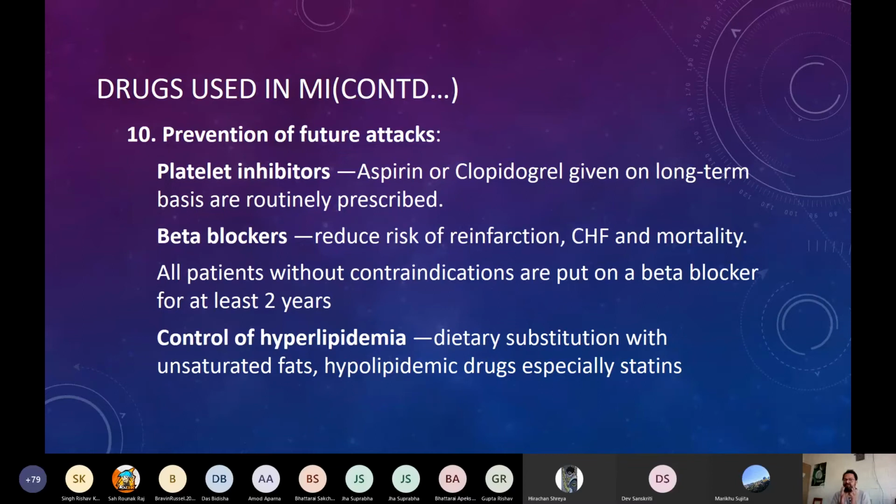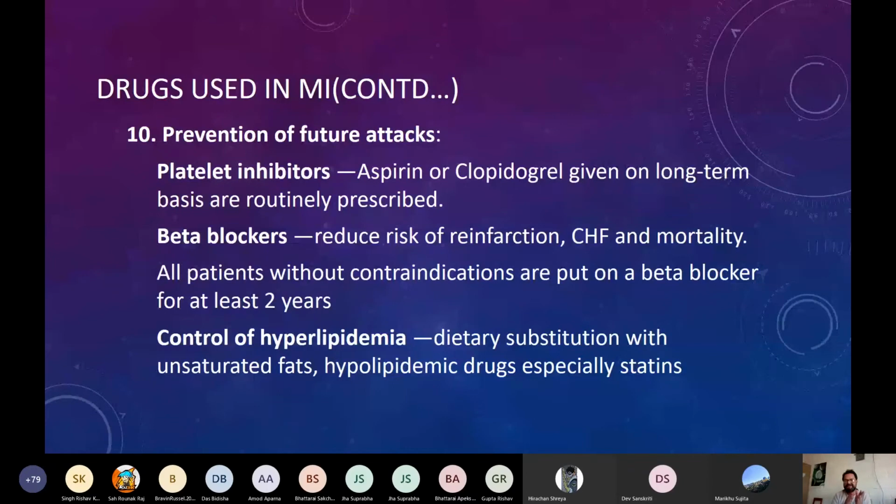It will prevent it from beating too fast, so that will reduce the risk of reinfarction and even CHF. If the incapable heart is given lots of work, then it might fail to work, so that is prevented by beta blockers.